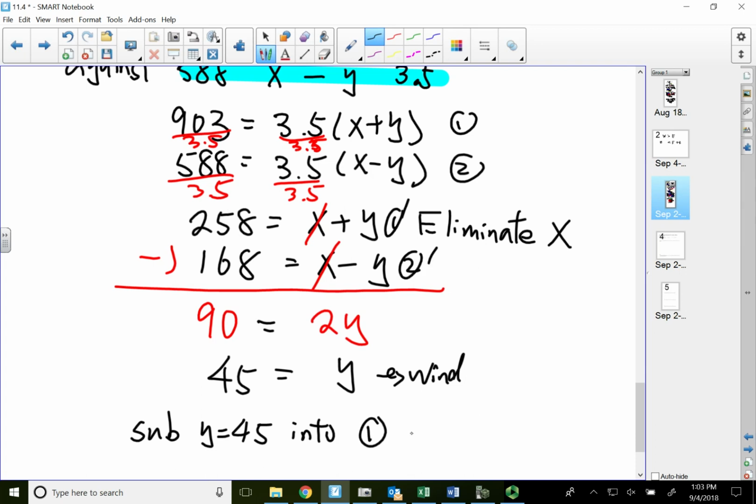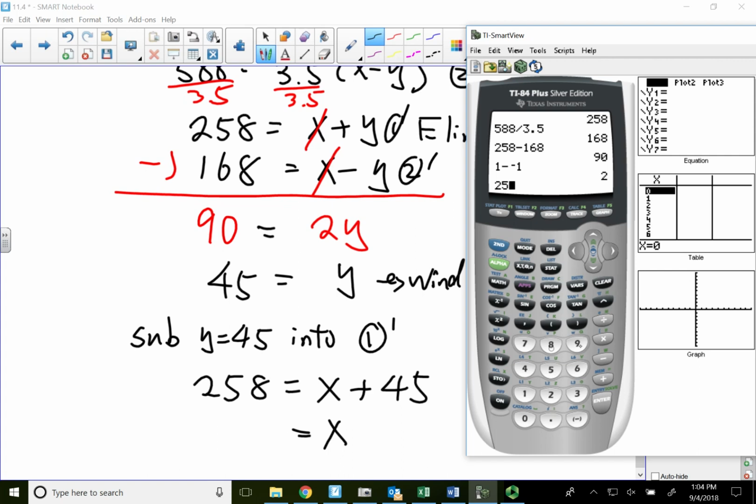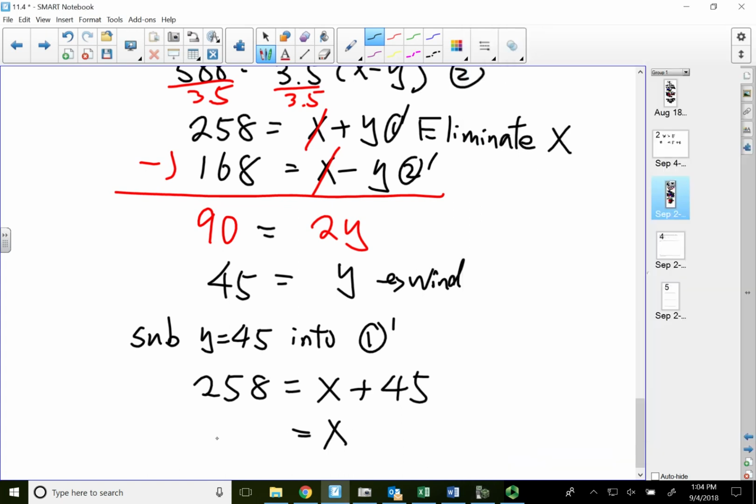So that's 258 equals x plus 45. I picked the first one because I don't have to worry about the negative y. Move the 45 over, and it becomes subtraction. That will be 258 minus 45. The speed of the airplane is 213 miles per hour. So that's the speed of the plane.